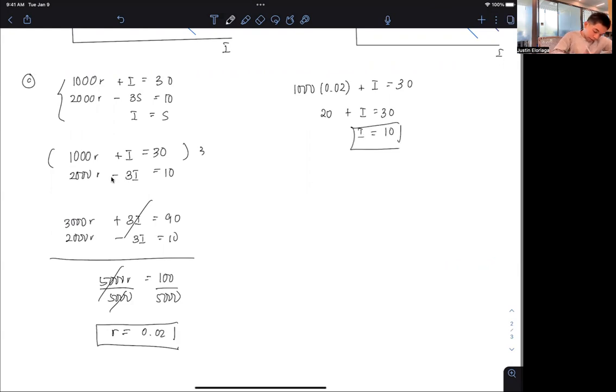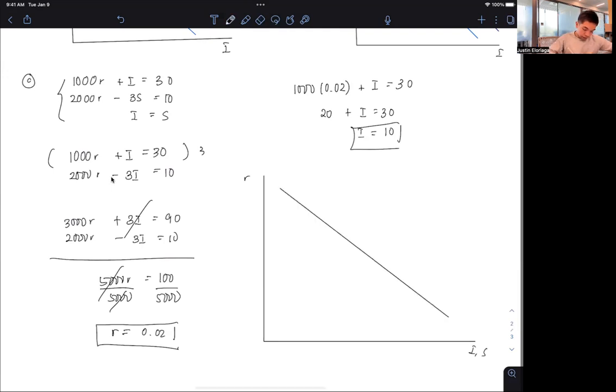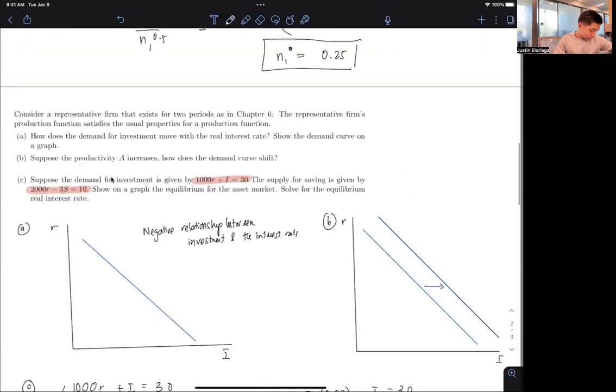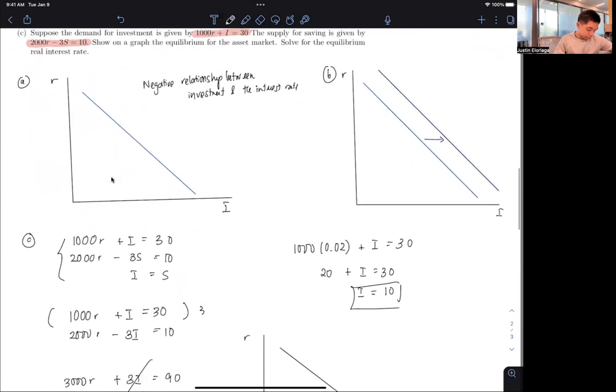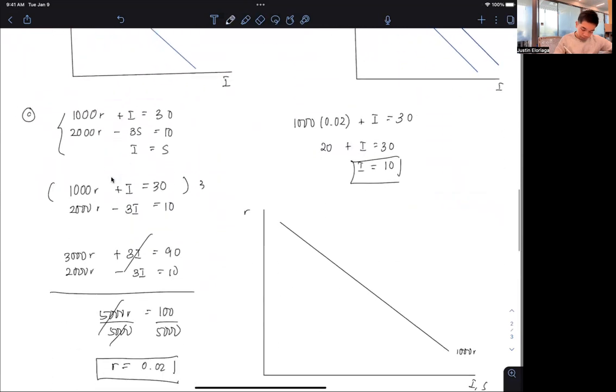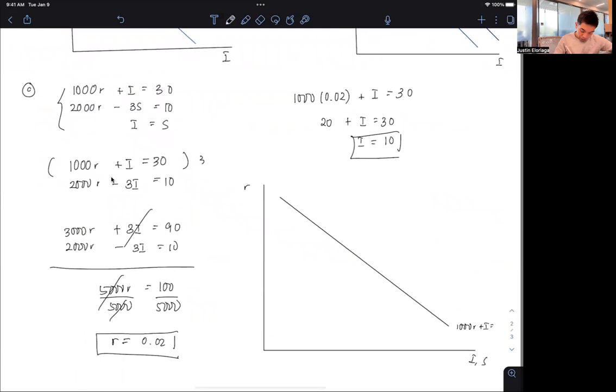Then if you graph this out, it should be a simple graph. So R, and then this is I, technically S too. This curve here represents the demand, so that's 1000R plus I equals 30.